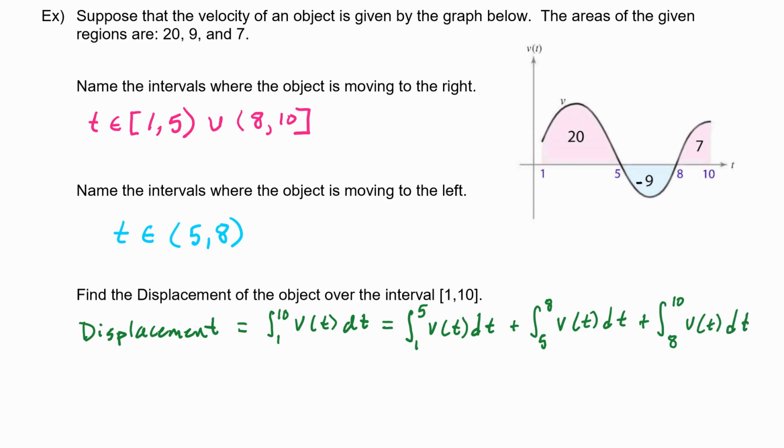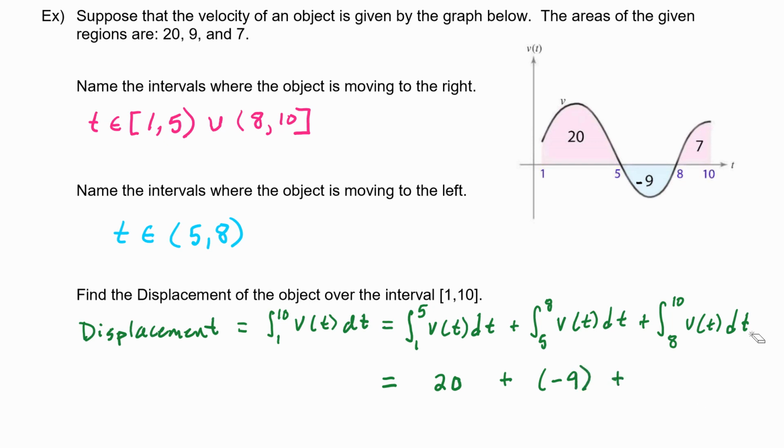And using the graph, we can easily evaluate each of these integrals. This first one, because the area is 20 and it's above the x-axis, we know that net area is a positive 20 plus this second integral, its area is 9, but because it's below the x-axis, it comes in as a net area of negative 9.